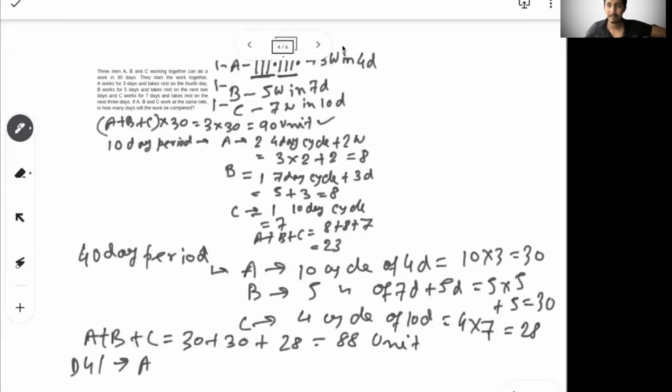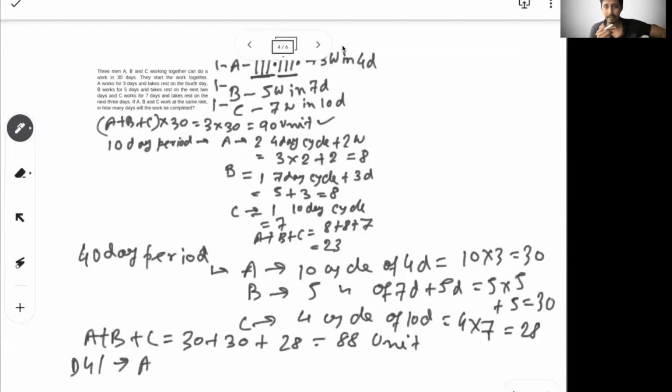If I see B, B has finished 5 7-day cycles and another 5 working days. Now it's time for B to take rest, because B has worked 35 days and then 36, 37, 38, 39, 40. So the 41st day should be a rest day for B. So B will not be there.